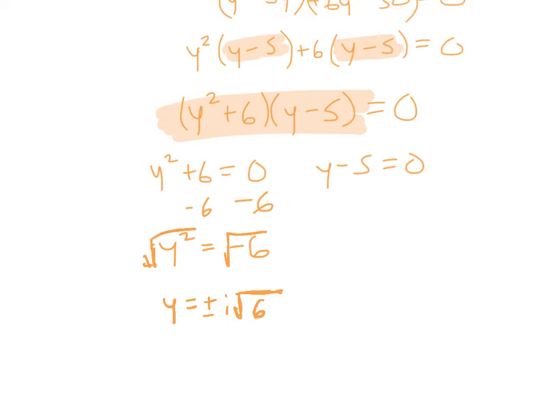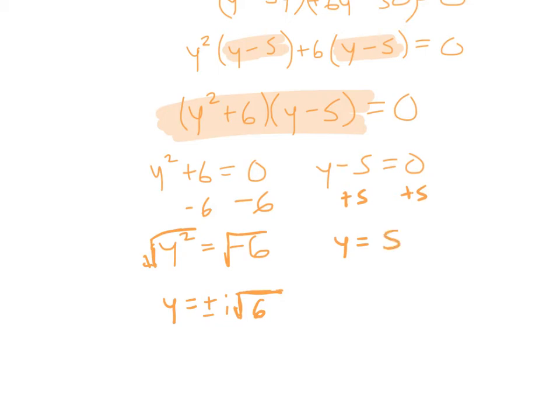Good job, Franco. All right, what do we do for the second one? This just must be too easy for you guys, and that's why you don't want to participate on the easy ones. So we just add 5 on both sides, so we get y is equal to 5.